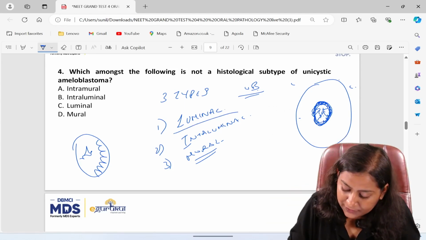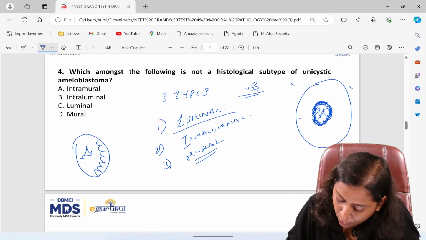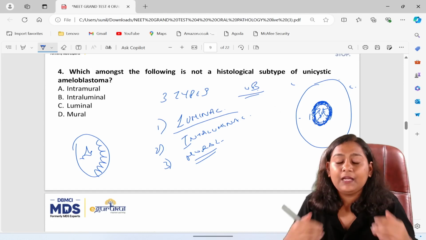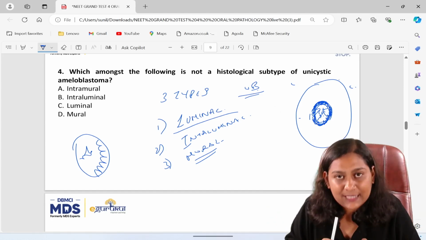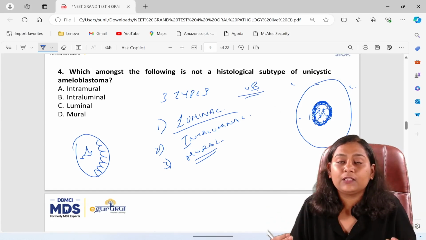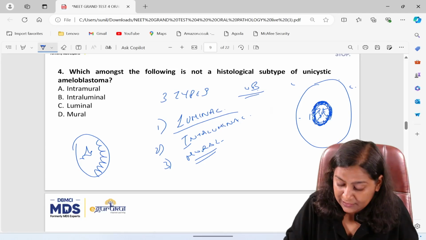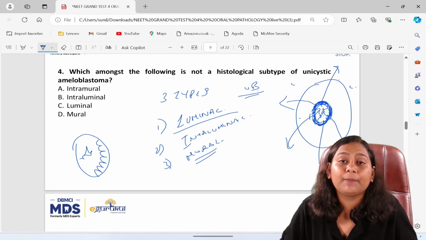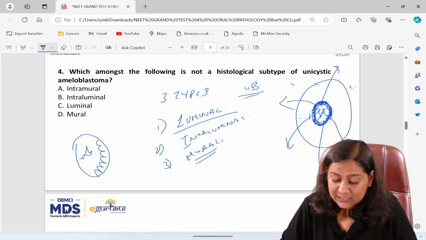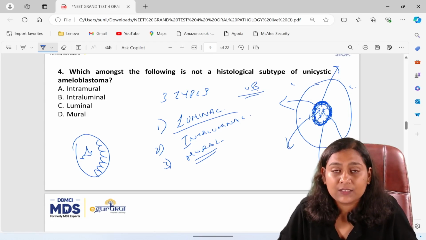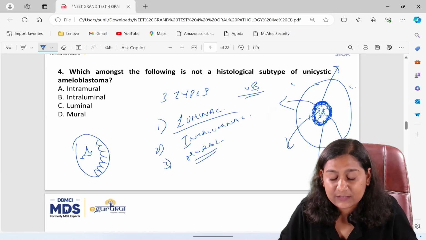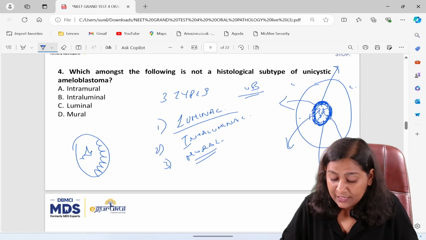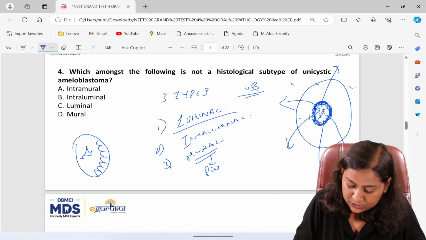Luminal is when changes occur only in the lining epithelium, intraluminal is when it is going inside the lumen, while in mural, the proliferation of the lining epithelium goes into the connective tissue. So that is mural ameloblastoma. Now this mural ameloblastoma is considered very aggressive. It has a poor prognosis.